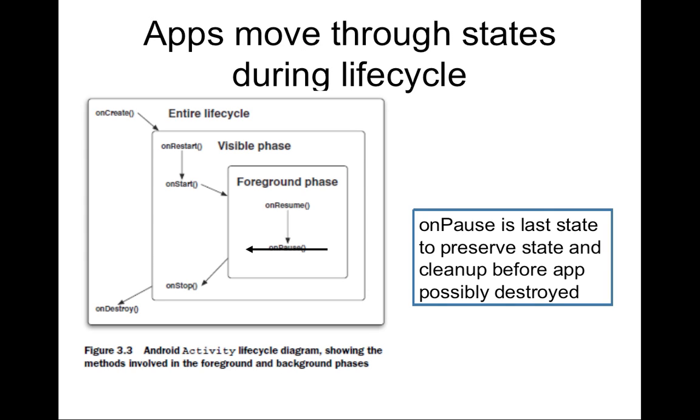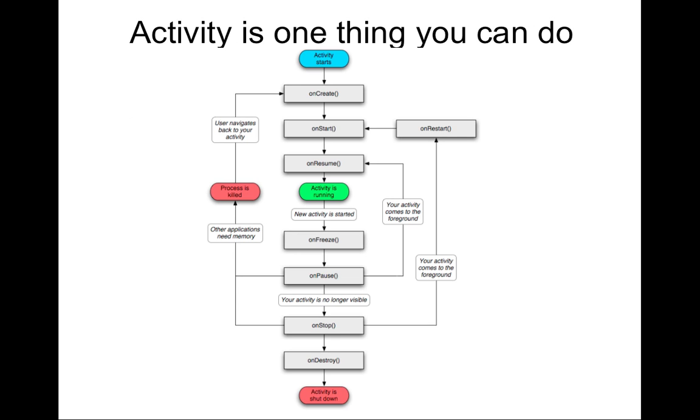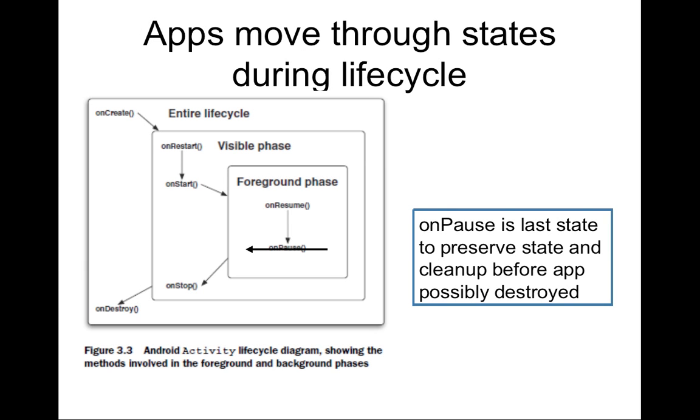Apps move through different states during different life cycles. So this is the life cycle of one app that happens to be designated as an activity. We're going through, reiterating the point, revisiting the concept of the entire life cycle: the visible phase, the foreground phase, the background phase, all of the different things.